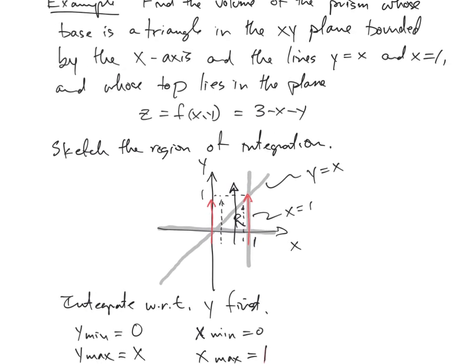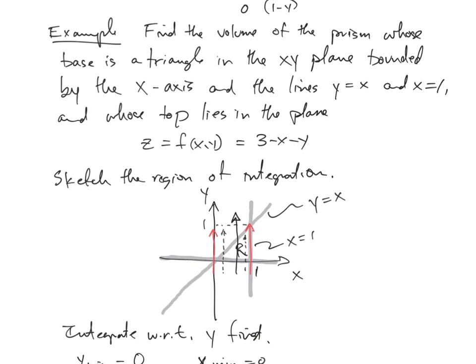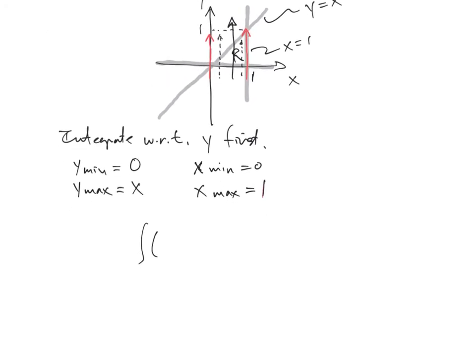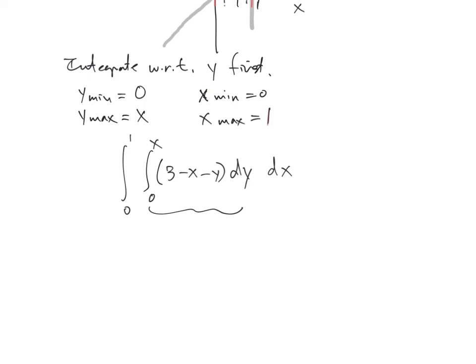The function was what again? It was 3 minus x minus y. I'm integrating with respect to y first, so y min is 0, y max is x. My outer integral, with respect to x, has limits 0 to 1. So first I'm going to do the inner integral. Always do the inner integral first. I integrate with respect to y, which means hold x constant.